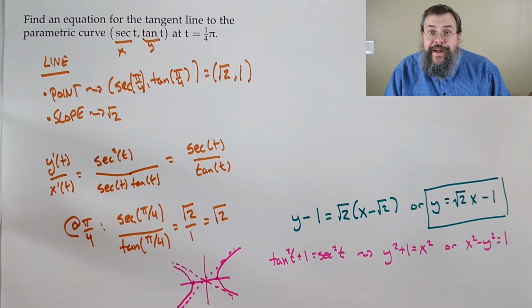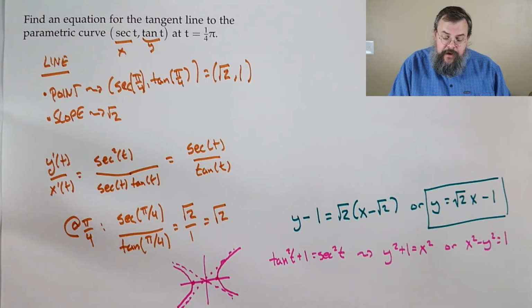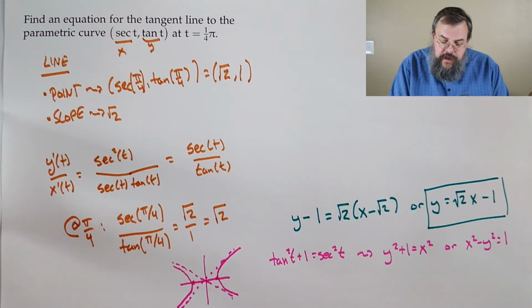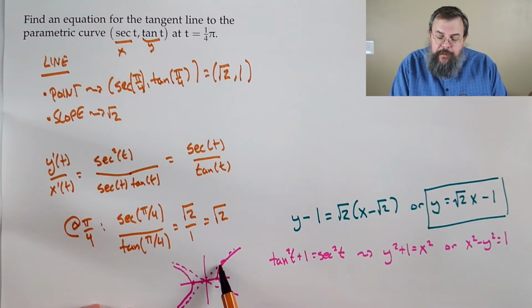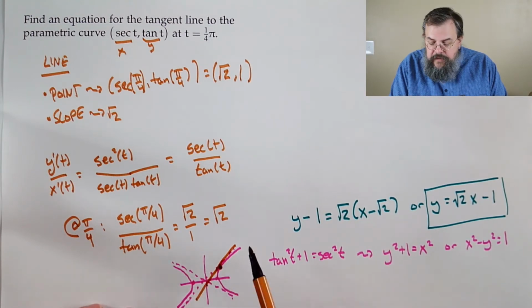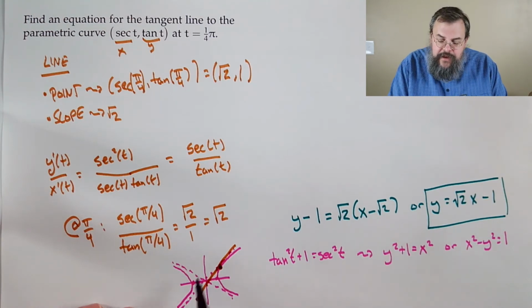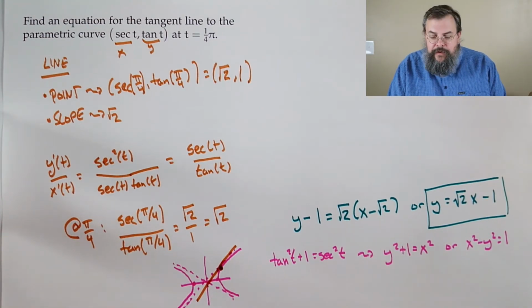Now, where are we at time pi over 4? Well, we're somewhere over here. So this is our point, and we're asked to find the tangent line at that point. That has a negative intercept. Okay, good, it all agrees. So essentially, that's the line we're looking for.